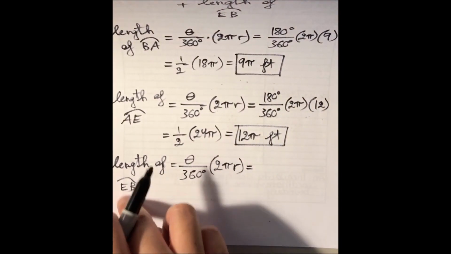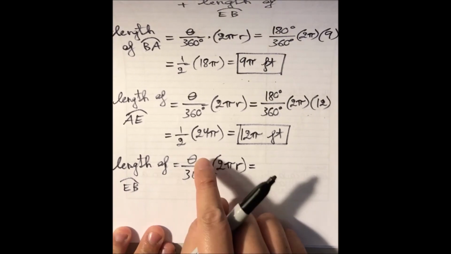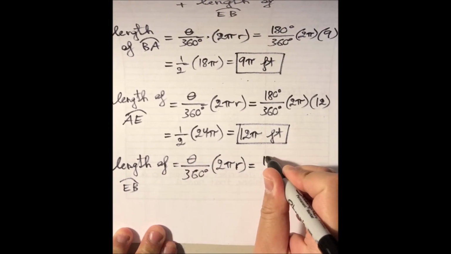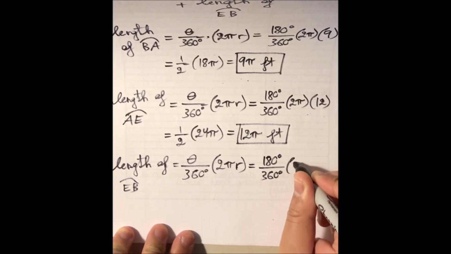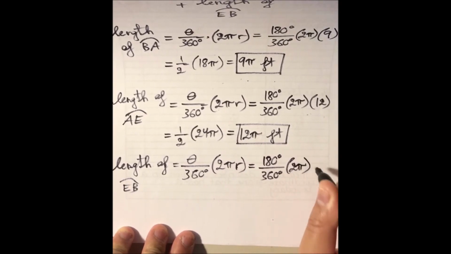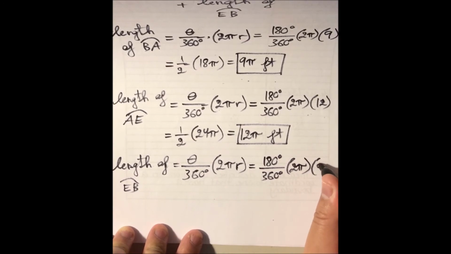Some mental math is strongly recommended as you go. And because the minor arc EB forms a semicircle, we know the central angle is going to be 180 again. So 180 over 360 multiplied by 2 pi multiplied by the radius, which is 21.